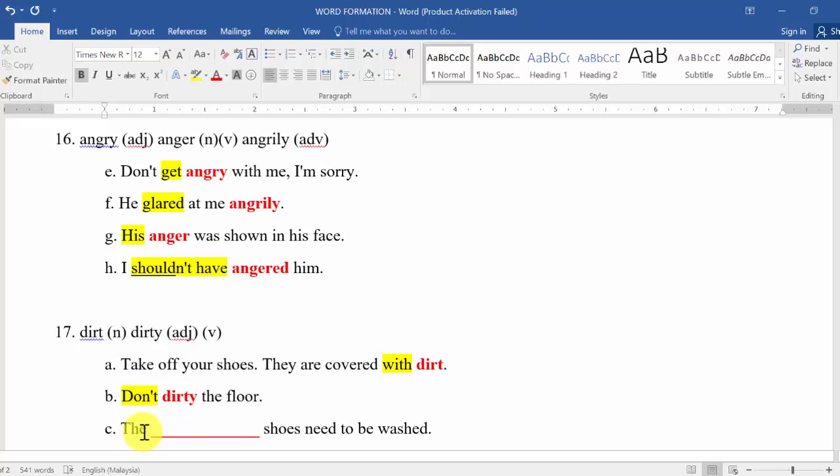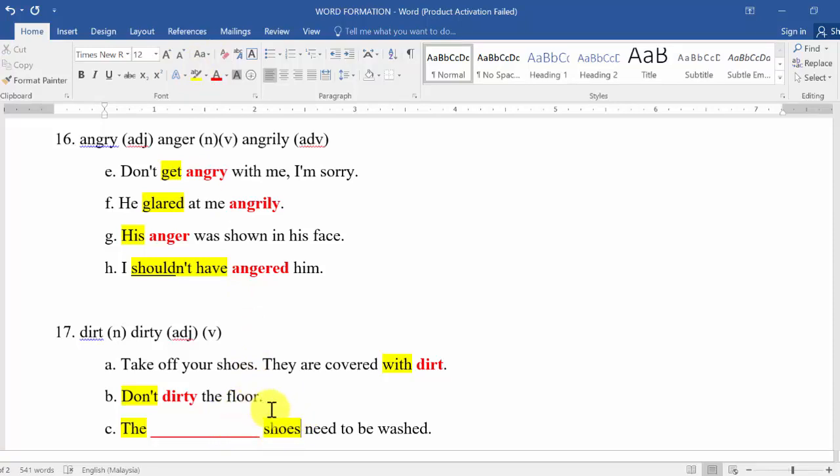Next one. The what shoes need to be washed? Your keyword here is the, your determiner. As I told you earlier, when you see the determiner, the next word after the determiner should be either an adjective or a noun, depending on the next word after your blank. So this shoes, shoes is a noun.